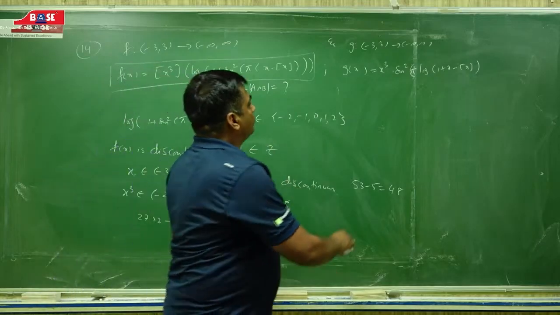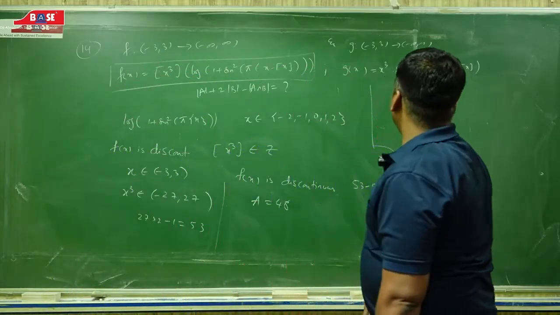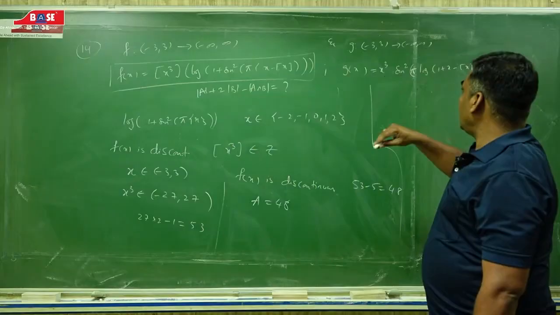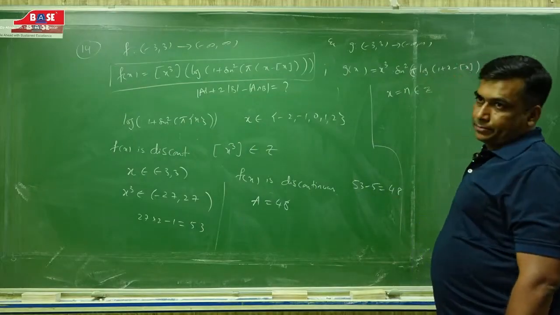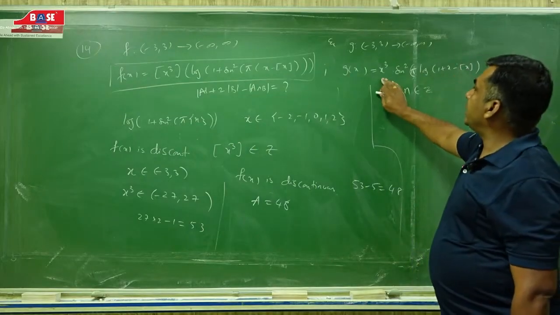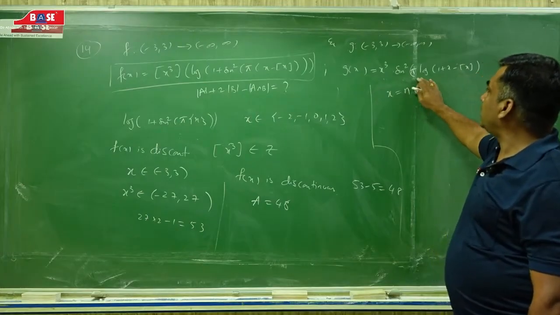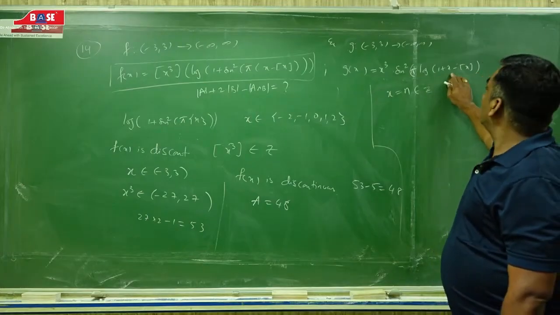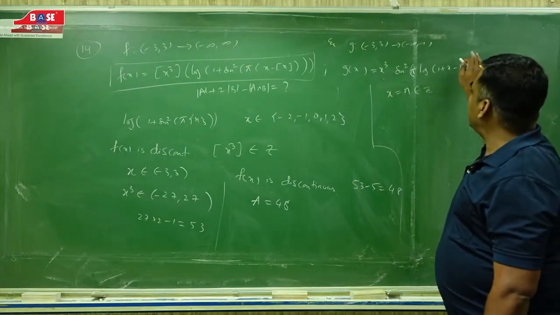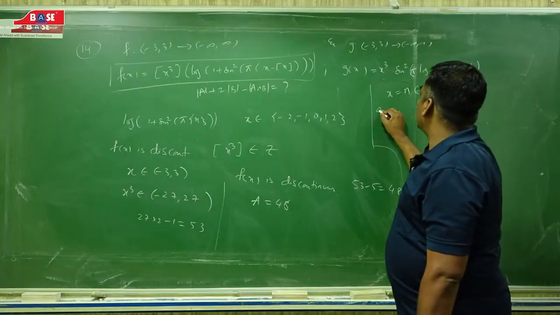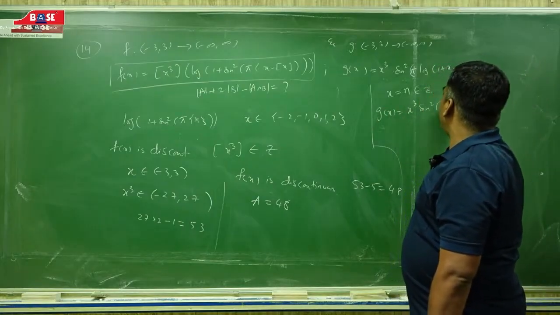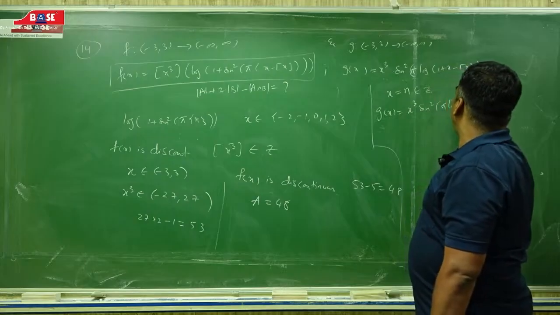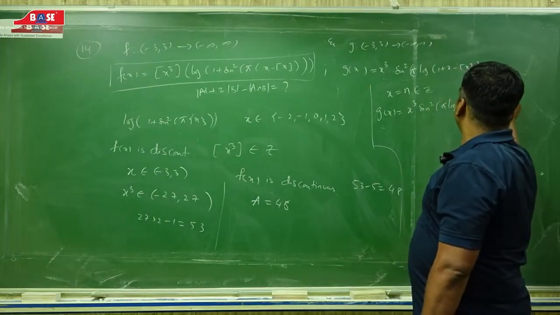Now let us check the next part. Here I am assuming x equal to some n where n belongs to integers. g of x is given as x cube times sine square of pi times log of 1 plus x minus floor of x, which can be written as the fractional part of x. So I can say g of x is equal to x cube times sine square of pi times log of 1 plus fractional part of x.